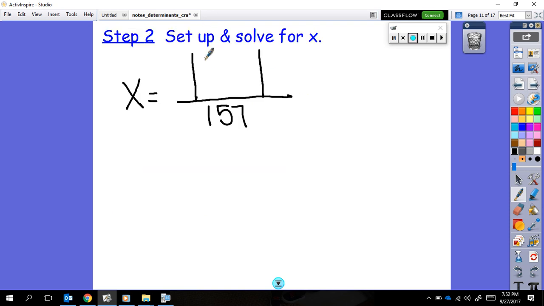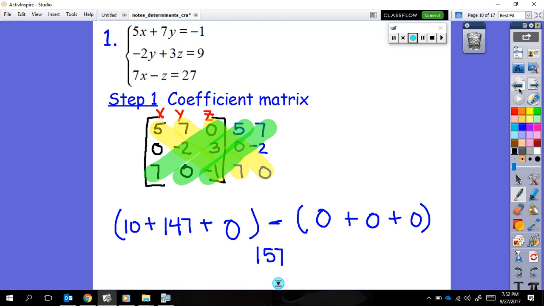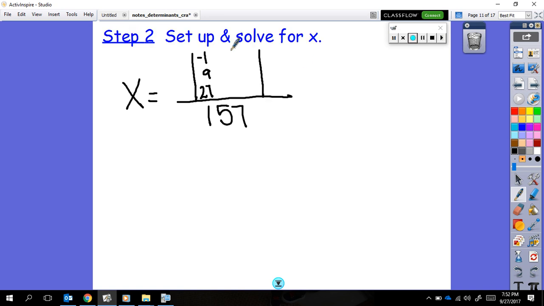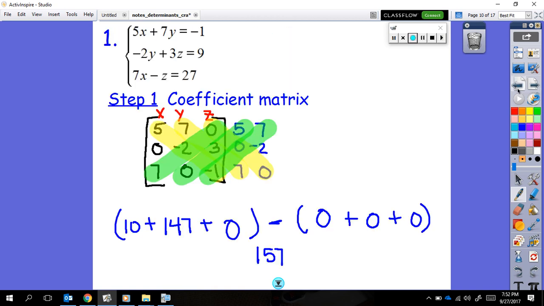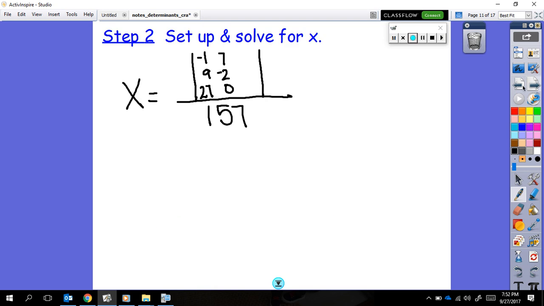So negative 1, 9, 27 go in the x column. And then our other two columns are the same. So 7, negative 2, 0, and 0, 3, negative 1. Now this becomes super easy on our calculator.